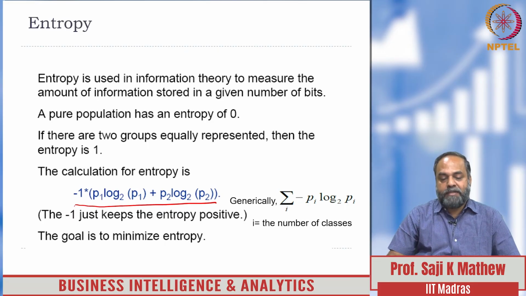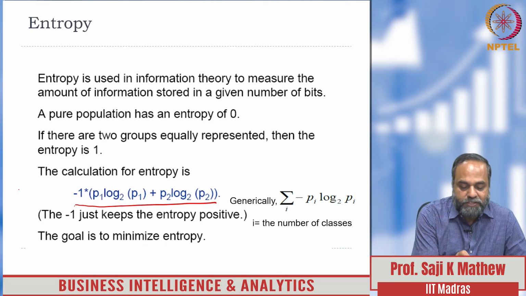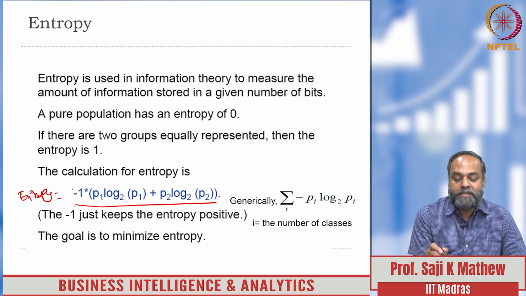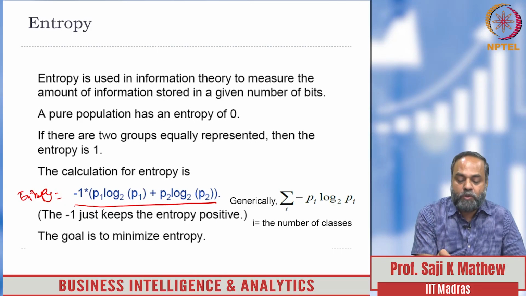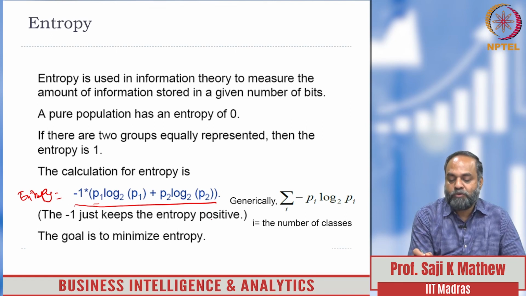You can see Claude Shannon's formula uses the same variables. The final measure is entropy. Entropy is the final measure of purity, but it is given by -1 into P1 log to the base of 2 P1 plus P2 log to the base of 2 P2.